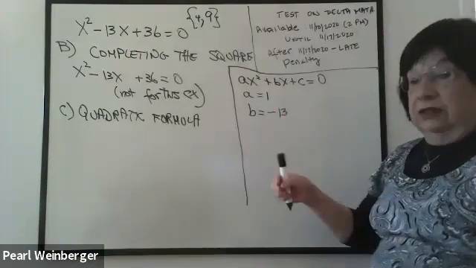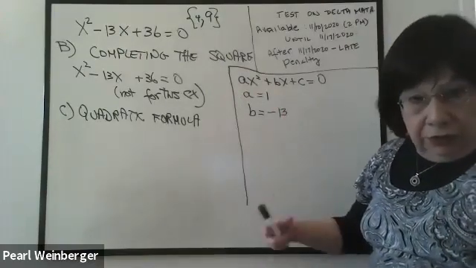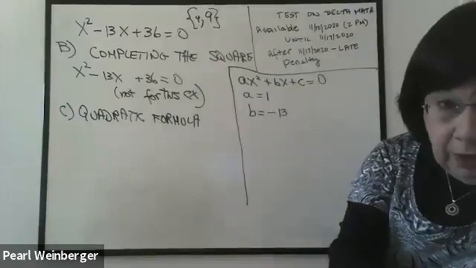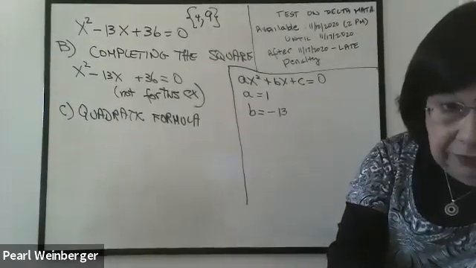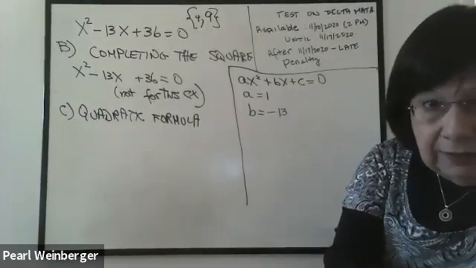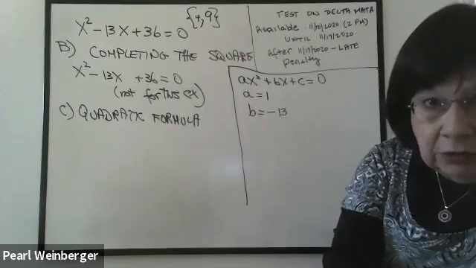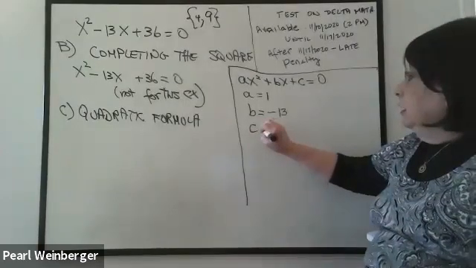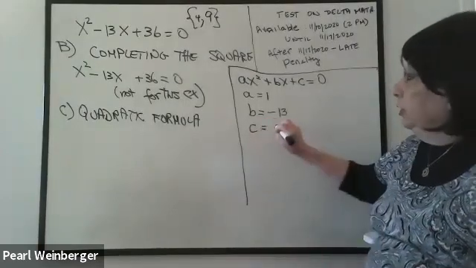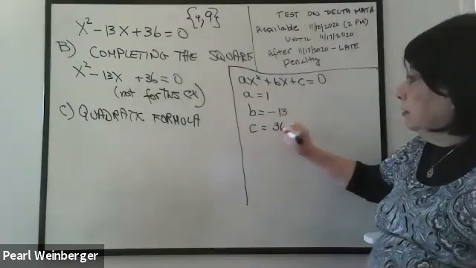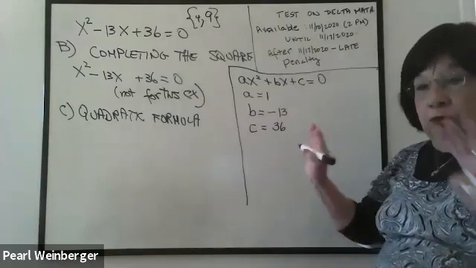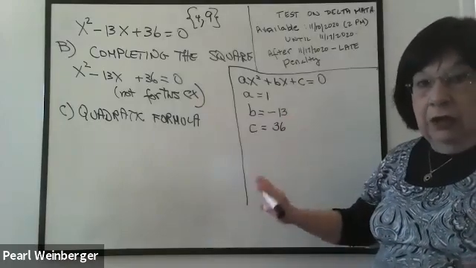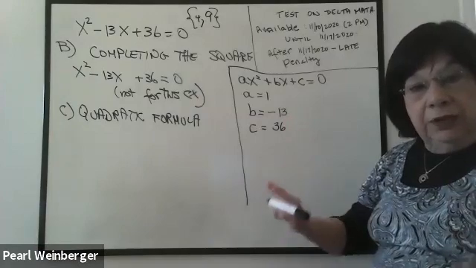Don't forget that the sign comes along with the number. And the c is the number that stands alone, which is the 36. So first of all, when you want to use the quadratic formula, you have to know what your a, your b, and your c is.